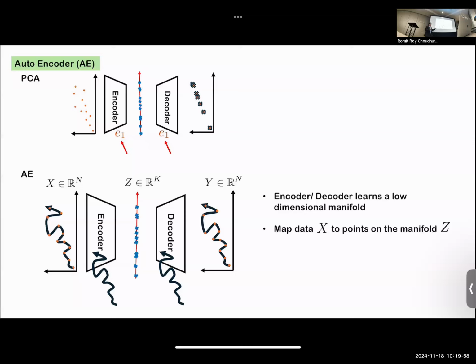Again, if our encoder and decoder both can learn this curve, then when we project my data onto this strange curve, you can see very, very low reconstruction loss. Why? Because all this data lies on what we call a low dimensional manifold, this curve.